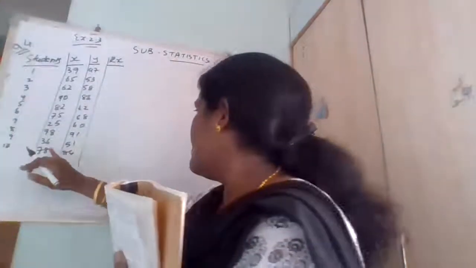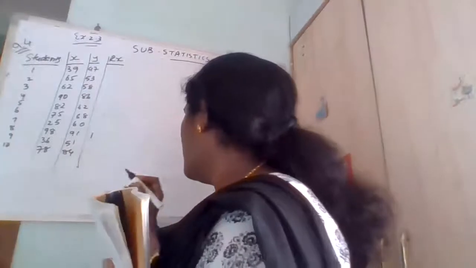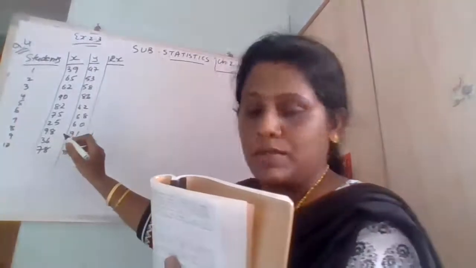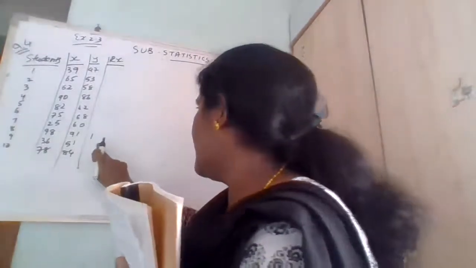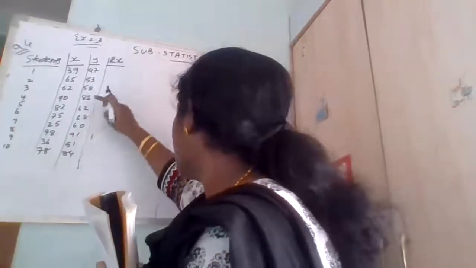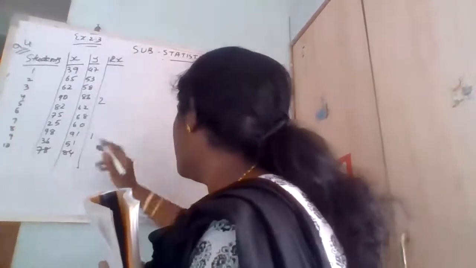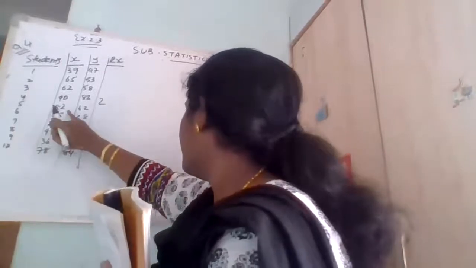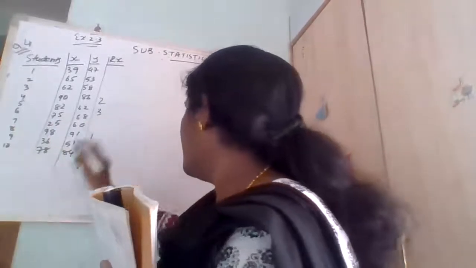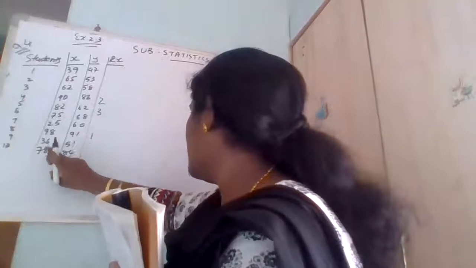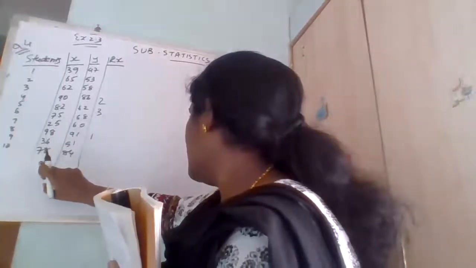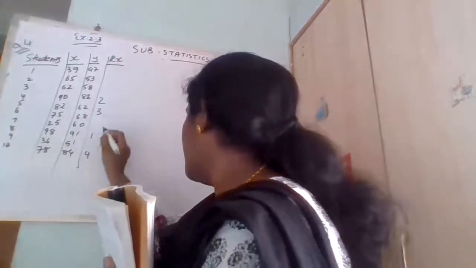Rx. So first rank is here, 98. Good. First rank for 98. Then second is 90. Third is 82. Then fourth is 78.